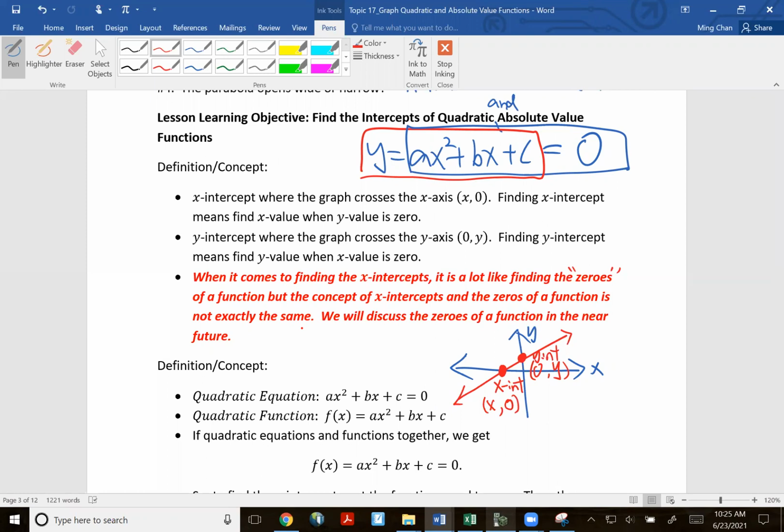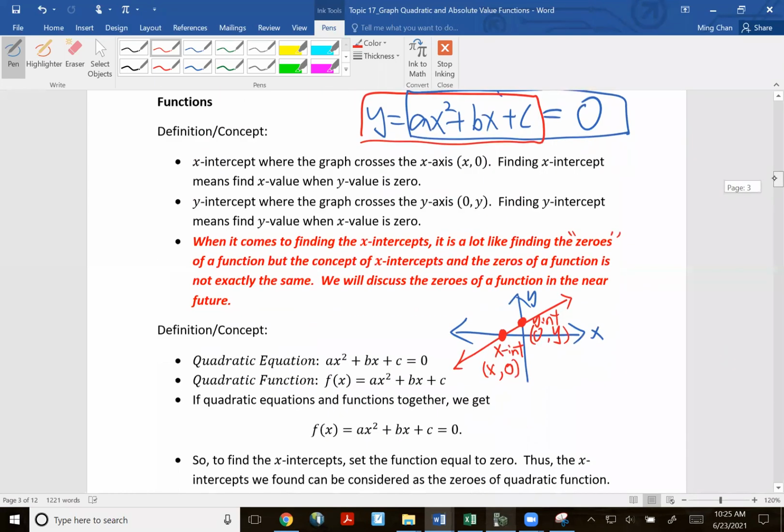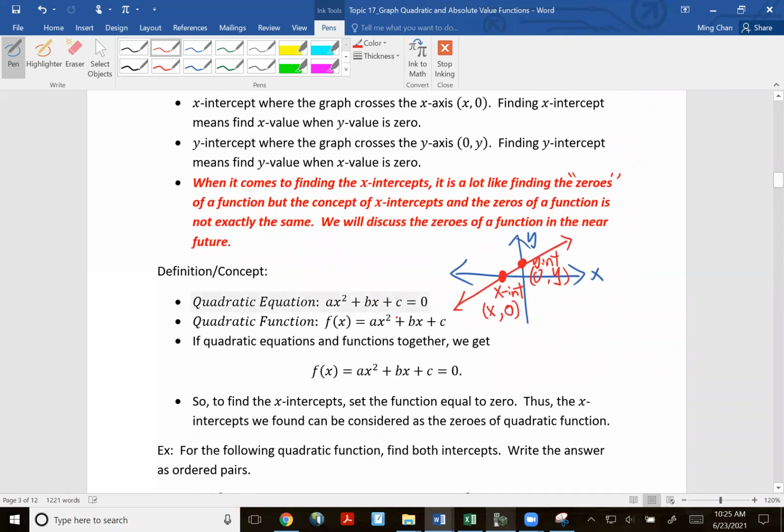Finding the x-intercept is a lot like finding the zero of a function. The way we go about doing it arithmetically is the same. Okay, but the concept of the zero and x-intercept are actually not quite the same. All right, we'll actually get into it starting with the next topic. So with that being written up here, all right, a quadratic equation is ax squared plus bx plus c equal to 0.